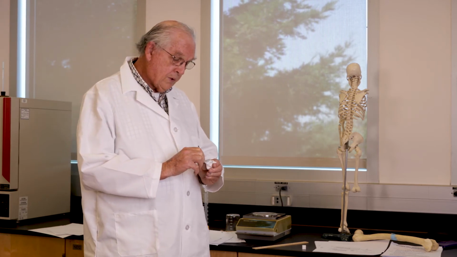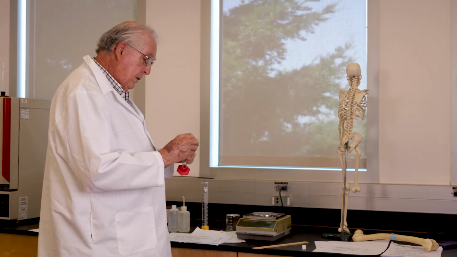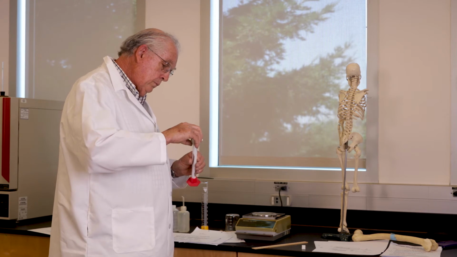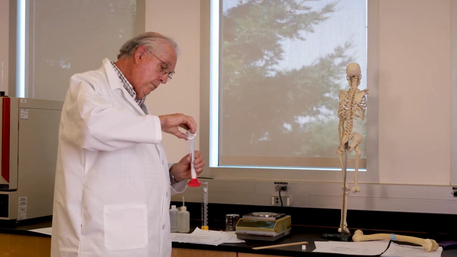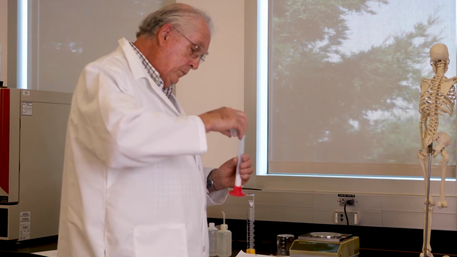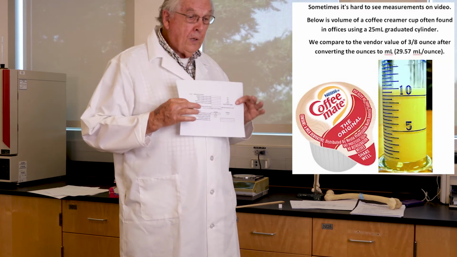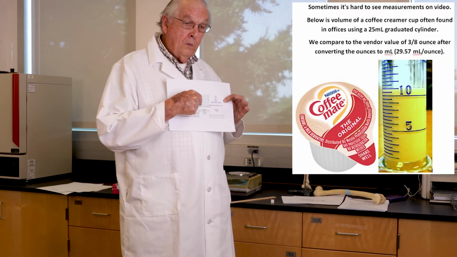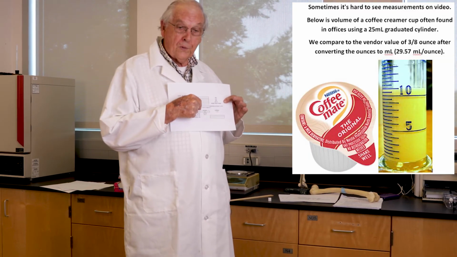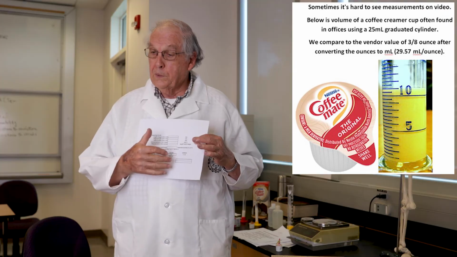But what we'll do is we'll open this little guy up and we'll pour it into a graduated cylinder. Make sure we got it all. So you have your measurement and you have the data from the manufacturer. So what you can do is compare, and how close did I come to his data.